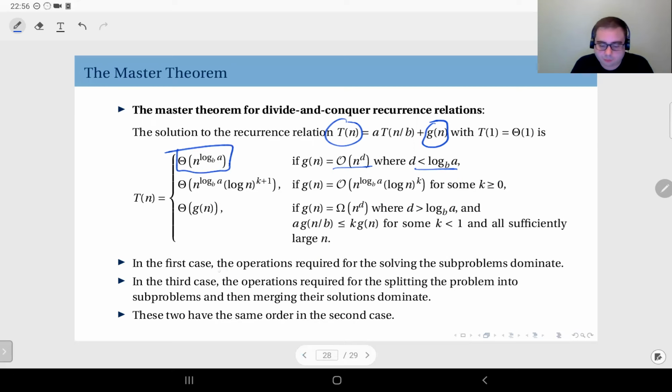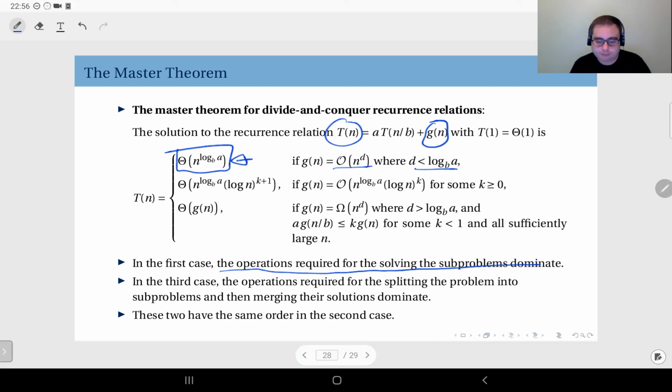In this case, the operations required for solving the subproblems dominate. So the merge part, or the conquer part, is negligible in the long run compared to the subproblems. The subproblems need much more work compared to the conquer step. Therefore, this is the term that dominates.